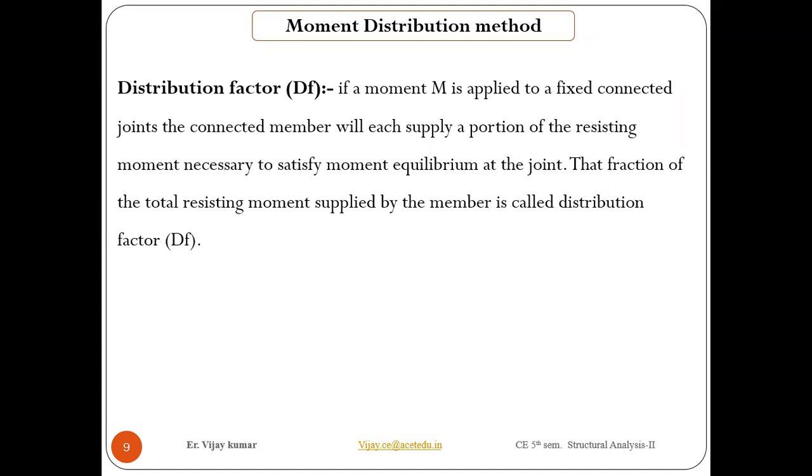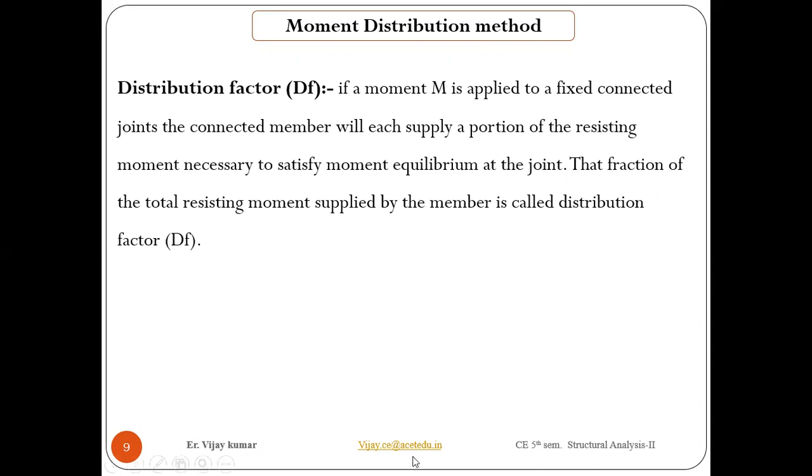If we are able to distribute 200 kilonewton meter to further joints, one joint now has 300, another 150, and another 150. The values look a little better compared to the previous distribution. So it's a very good method to use.